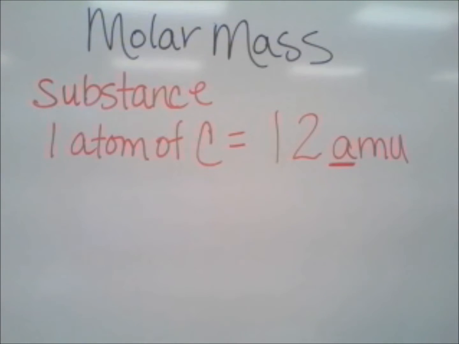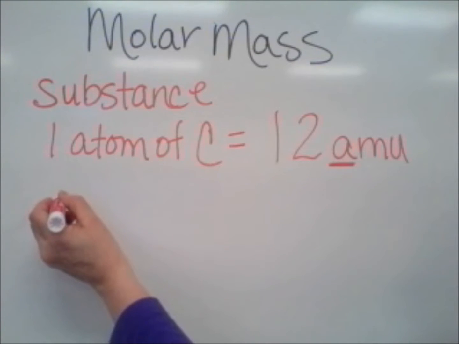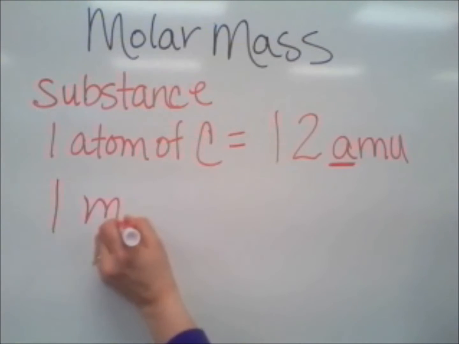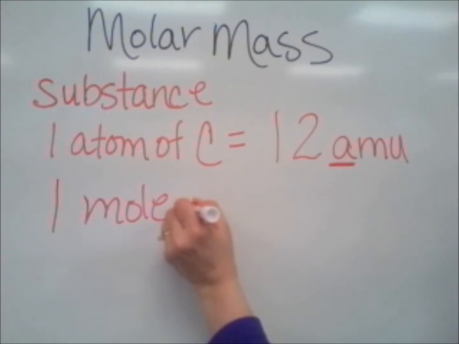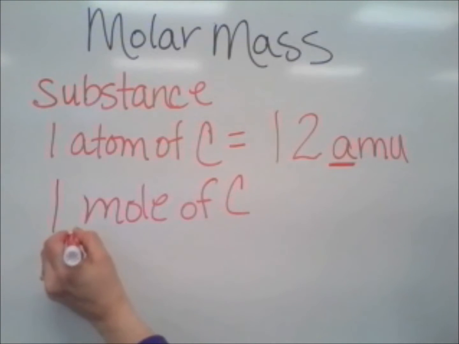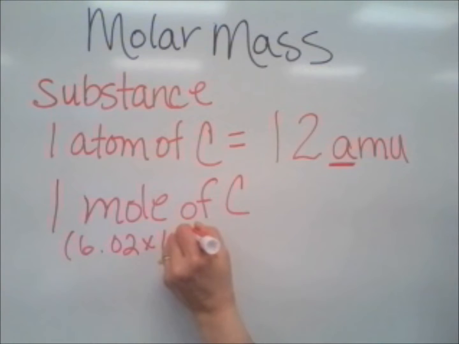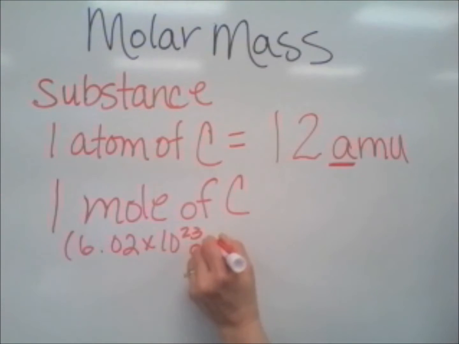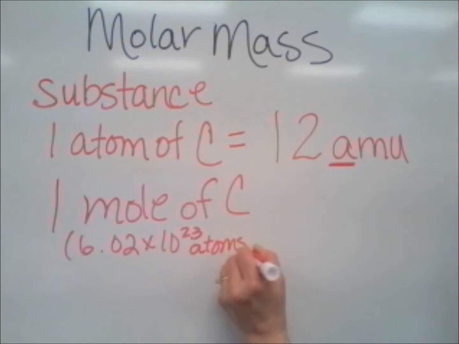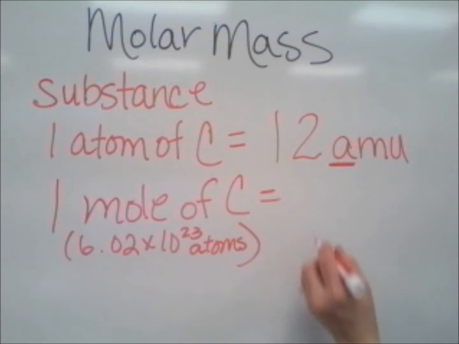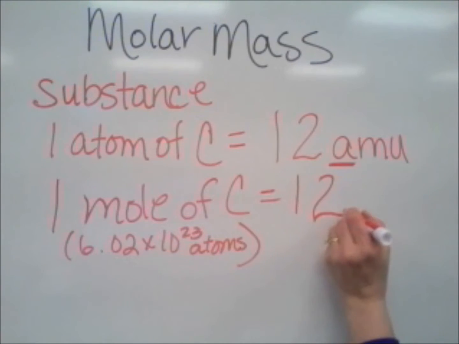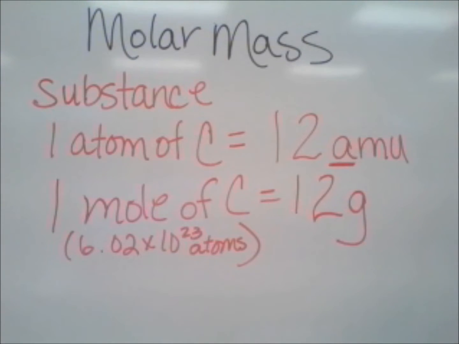But what Avogadro found in his studies is if we had a mole of carbon, in other words, remember 6.02 times 10 to the 23rd atoms of carbon, that it would have a total mass of 12 grams.